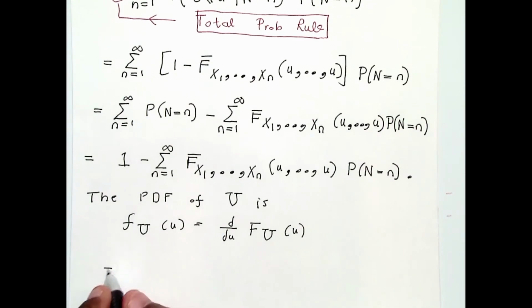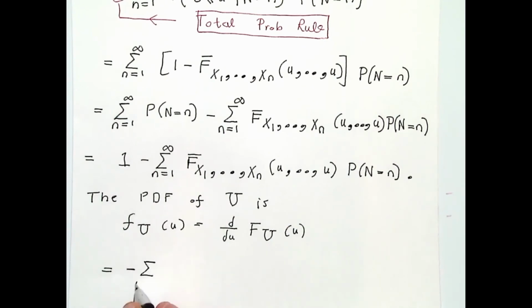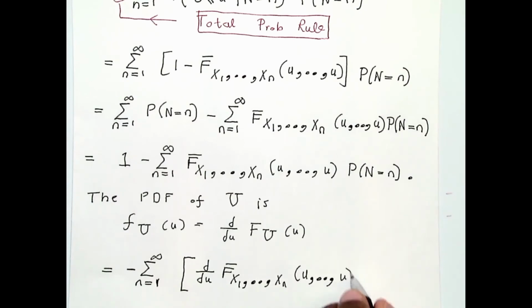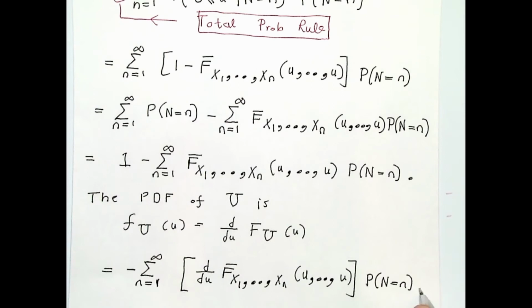So you should differentiate this with respect to u, you will get minus the sum from 1 to infinity of. Okay, so this is the PDF of the minimum portfolio loss.